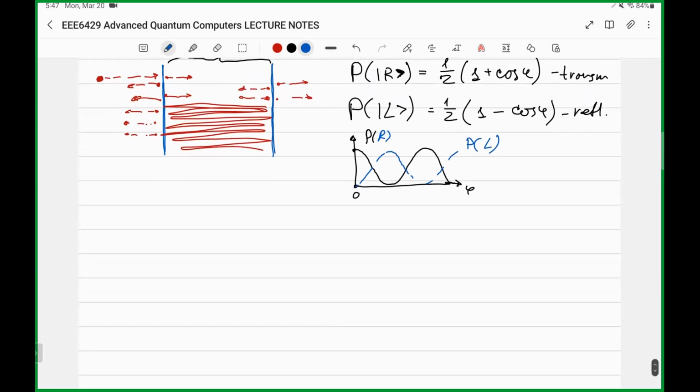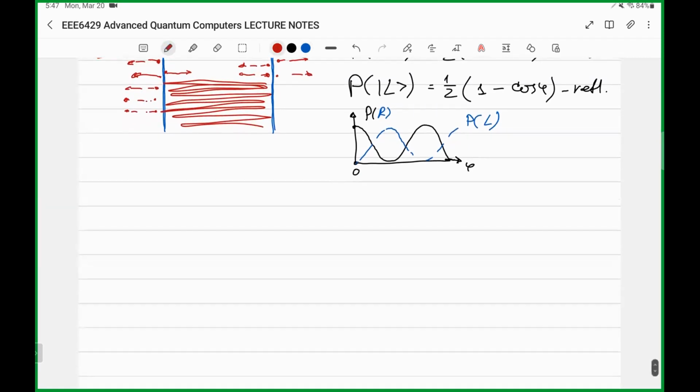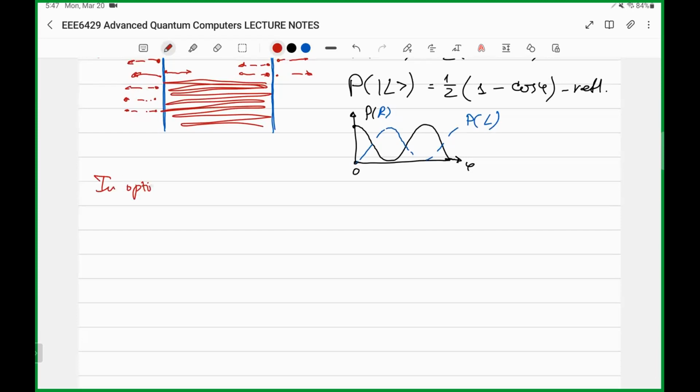For example, speaking about optics or RF, it's important to mention that in optics or RF also this change of phase is given by the wave number times delta x.